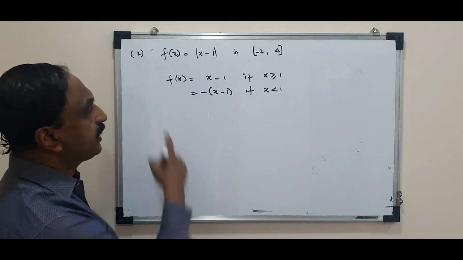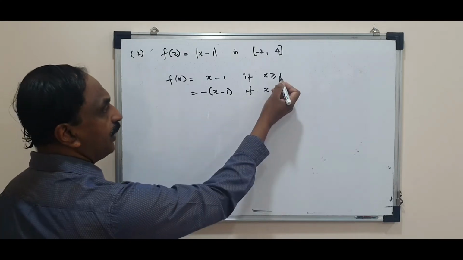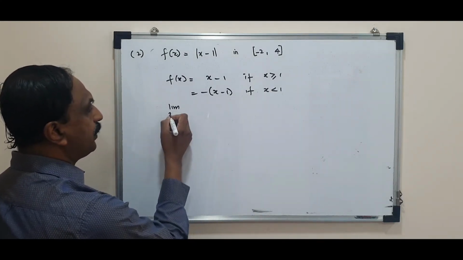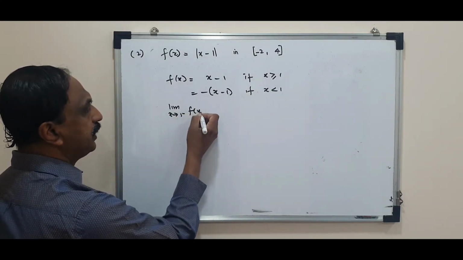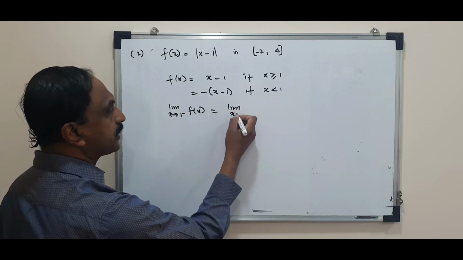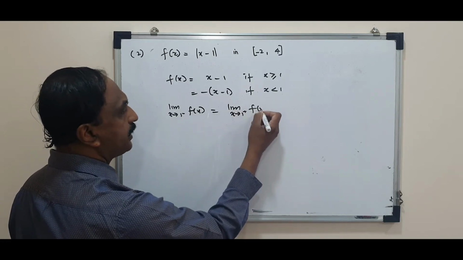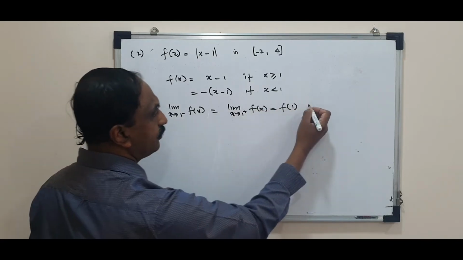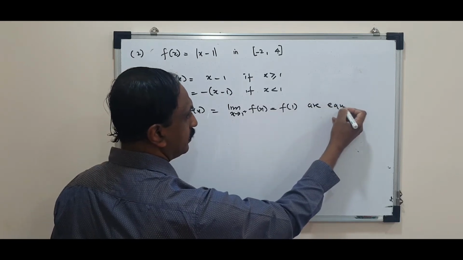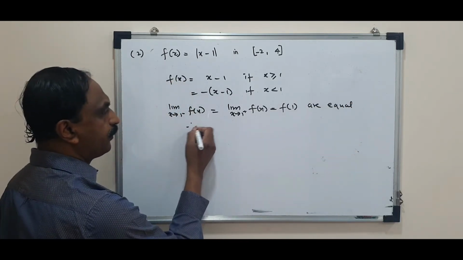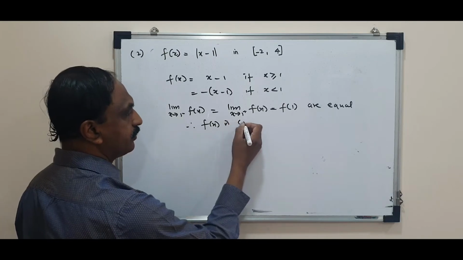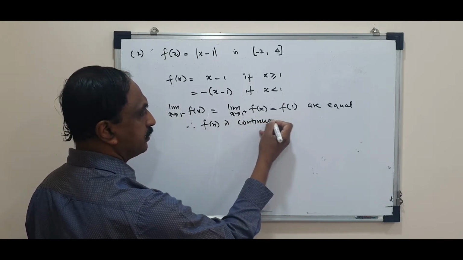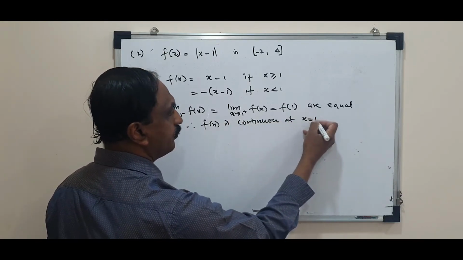You will notice that this function is continuous when limit x tending to 1 minus f of x and limit x tending to 1 plus f of x and f of 1 are equal. Therefore, f of x is continuous at x equal to 1.